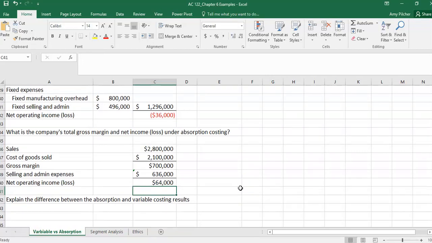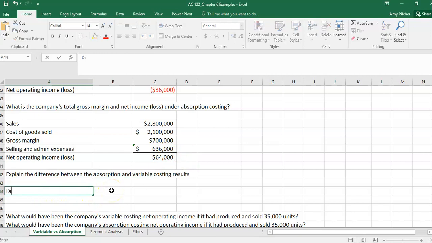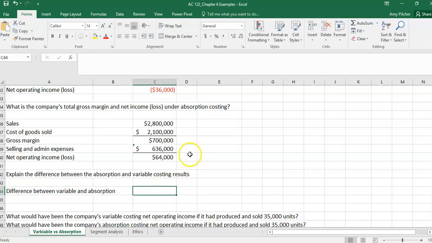Our next question asks us to explain the difference between absorption and variable costing results. So the difference between the two, we add 64,000 plus 36,000.